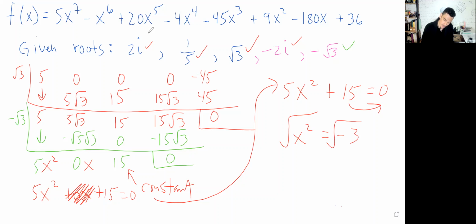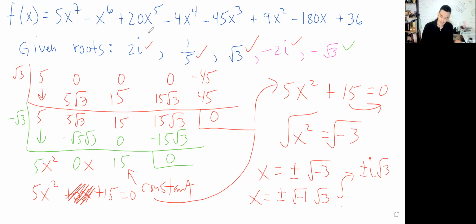Square root both sides. So we have plus or minus the square root of negative 3. But negative 3 can be separated as negative 1, square root of negative 1, and then square root 3. And so we get our 2 missing roots. So it turns out for this polynomial, we have 7 roots altogether.